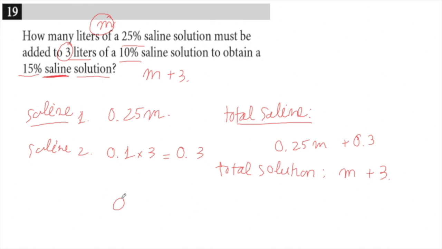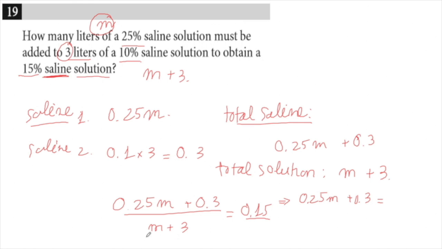So the new equation is 0.25m plus 0.3 divided by m plus 3 equals 0.15. It corresponds to 0.25m plus 0.3 equals 0.15 times m plus 3, which is 0.15m plus 0.45, and here you get 0.1m.